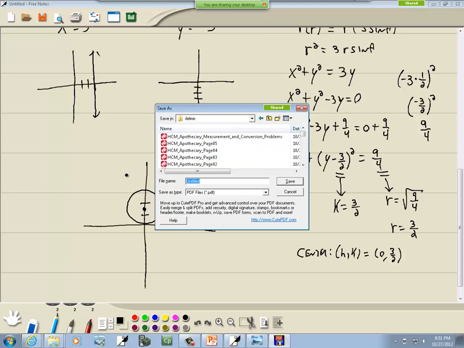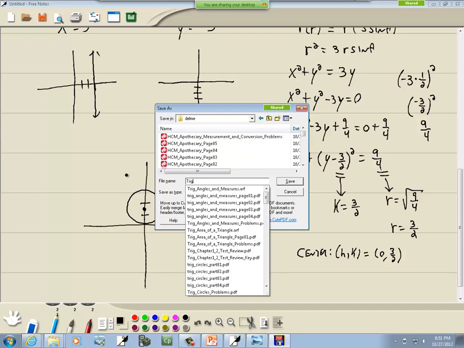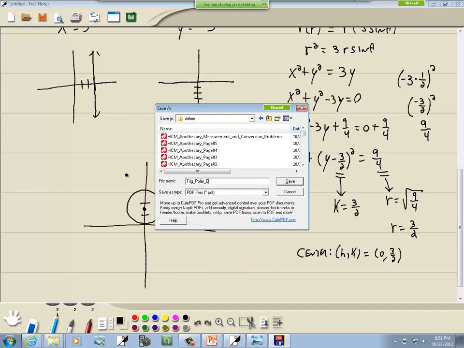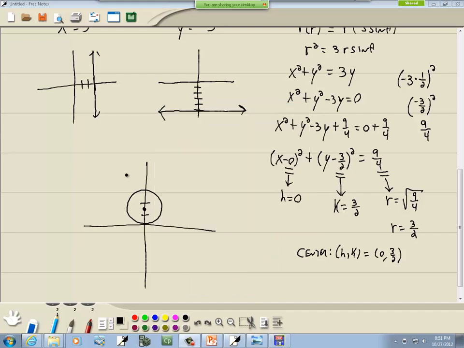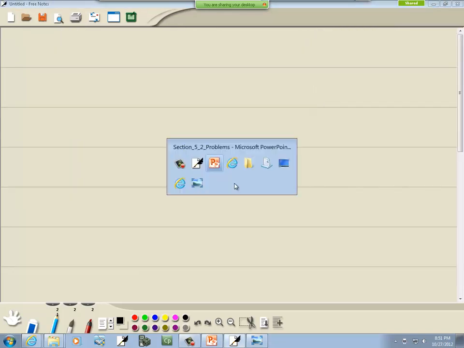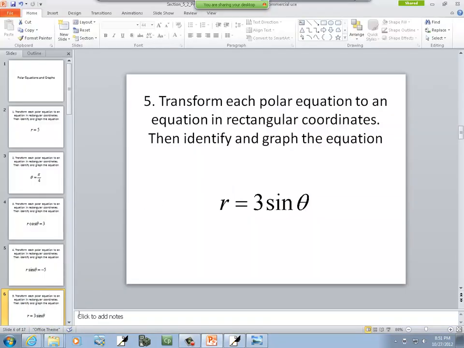So trig, polar equations and graphs, page 01.pdf. There we go. And let's start a new page and look at the next problem.